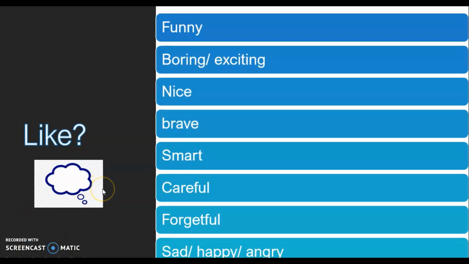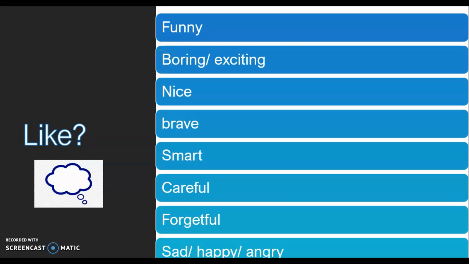Okay, so when we want to describe what something is like, or what someone is like, again, this doesn't really use our senses as much, but this really comes back to what we think about that person or animal. In this case, some adjectives you might use to describe those kinds of nouns are funny, boring, or exciting.